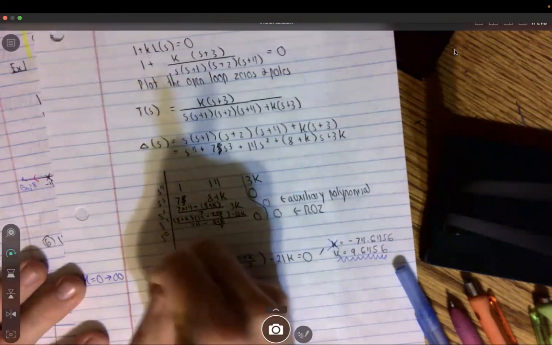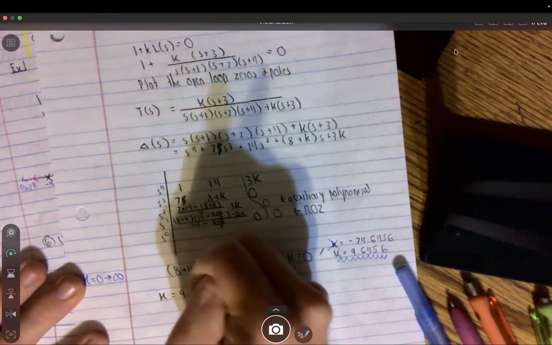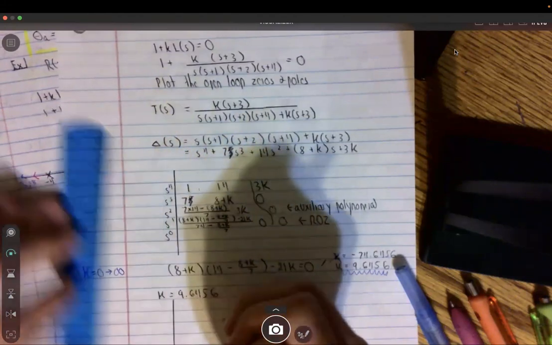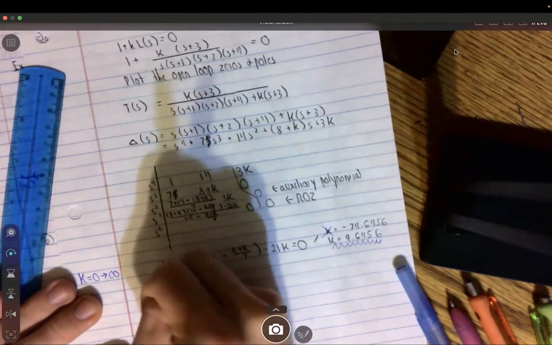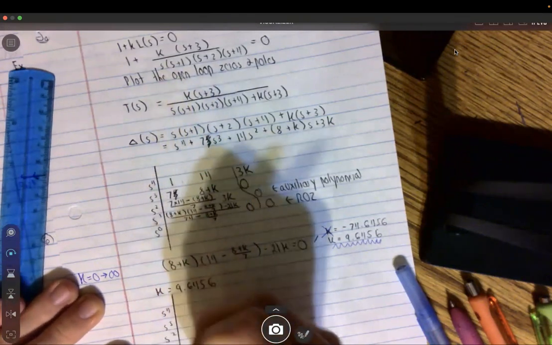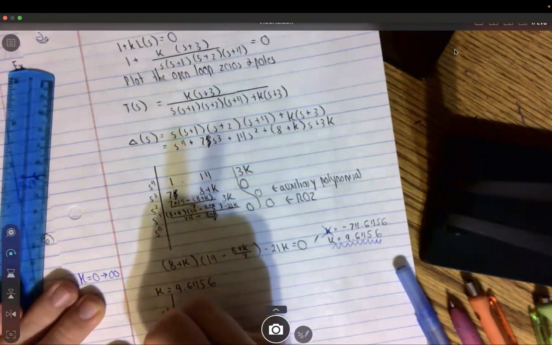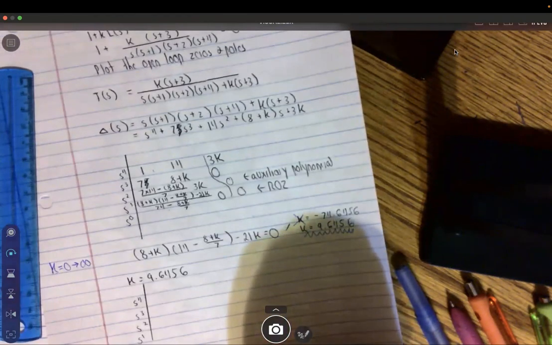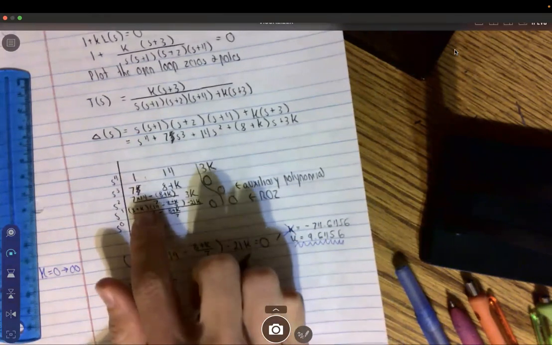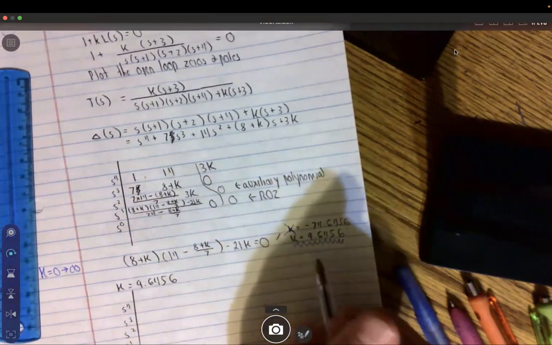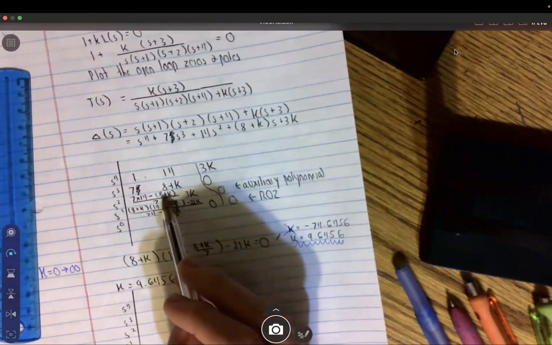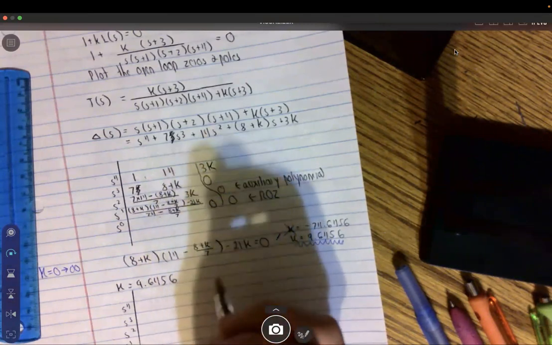So when K is equal to 9.6456, you'll have your Routh table: S4, S3, S2, S1, and then S0. Remember your auxiliary polynomial: if you plug in the K of 9.6456 into this equation, you're going to get the value.